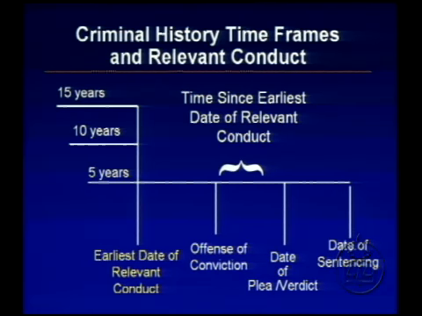And again, for criminal history purposes, the court will count back from the earliest date of relevant conduct to determine if a prior sentence falls within the applicable time frames in order to assign the necessary criminal history points. So to help further illustrate this concept, let's take a look at our first fact pattern.